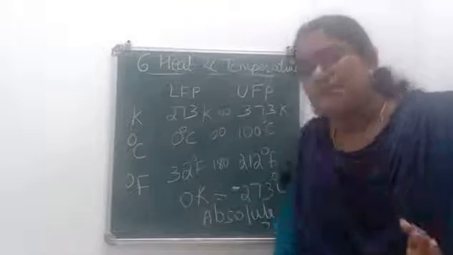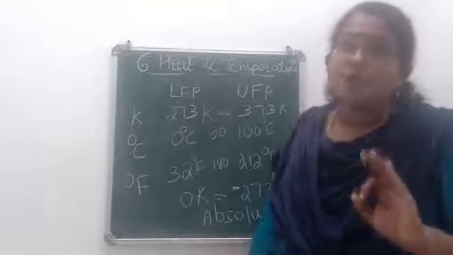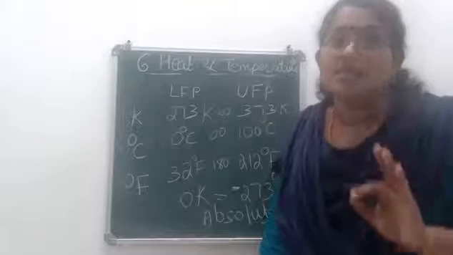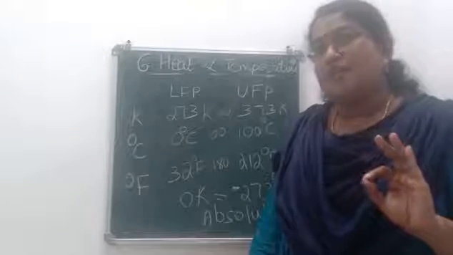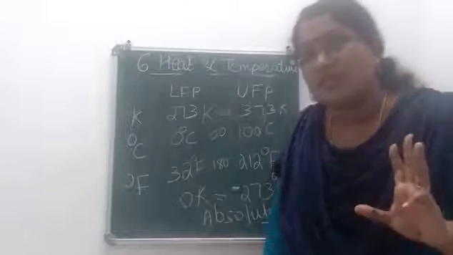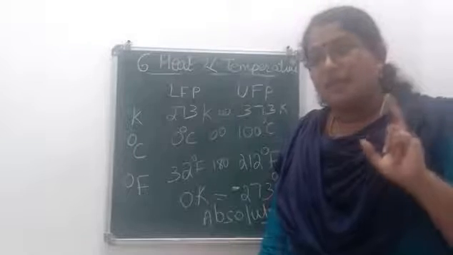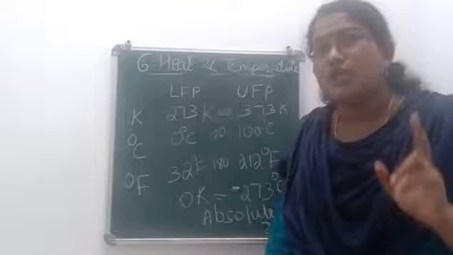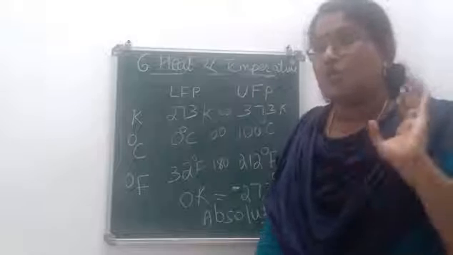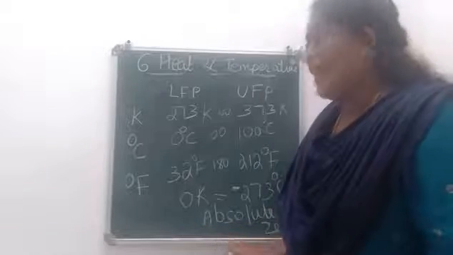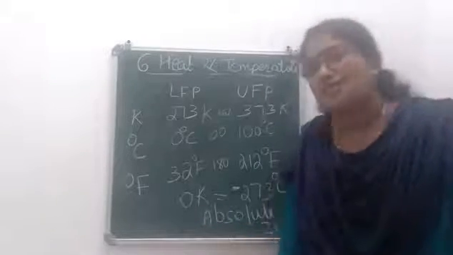This is the temperature at which entire molecular motion ceases or stops, or we will say that it is the lowest attainable temperature. The temperature at which entire molecular motion ceases or stops can be called absolute 0 or 0 Kelvin.